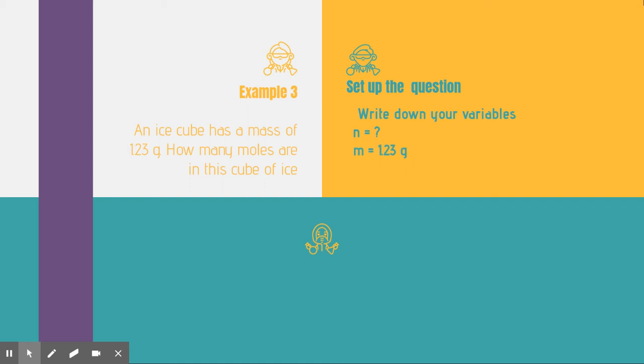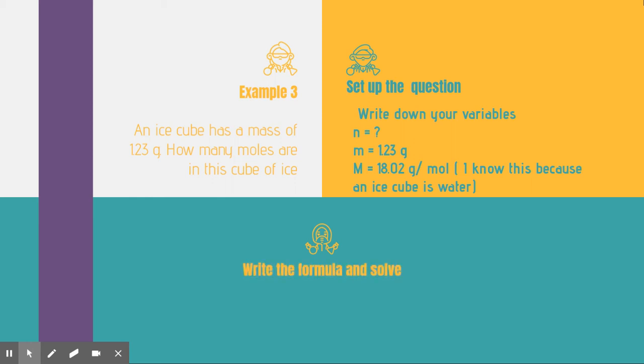Our mass is 1.23 grams. Our molar mass is 18.02 grams per mole because ice cubes are essentially frozen water. I already told you that the molar mass we're going to use for water is always 18.02. So I'm going to have both of those in an equation.